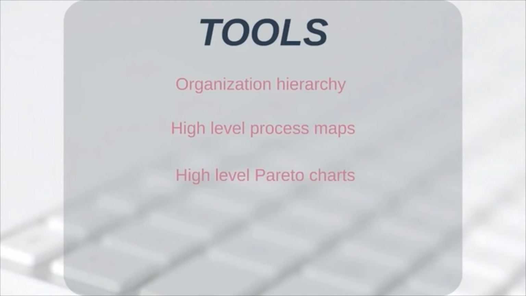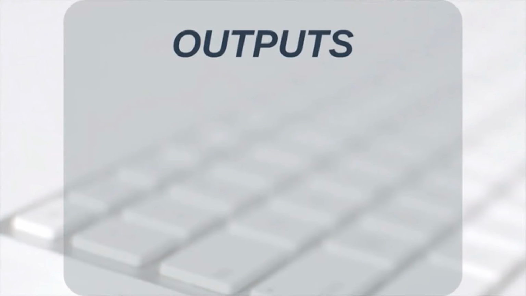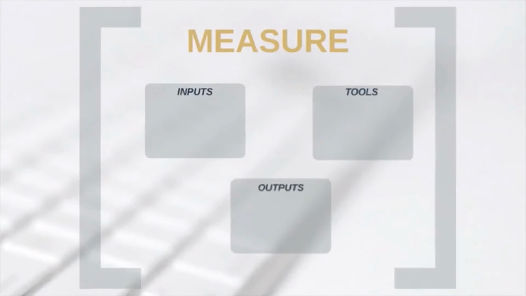The tools used in this section are organization hierarchy, high-level process maps, high-level Pareto charts, idea generation and categorization tools. The outputs of the define phase are project charter, established metrics, problem statement, roles and responsibilities.